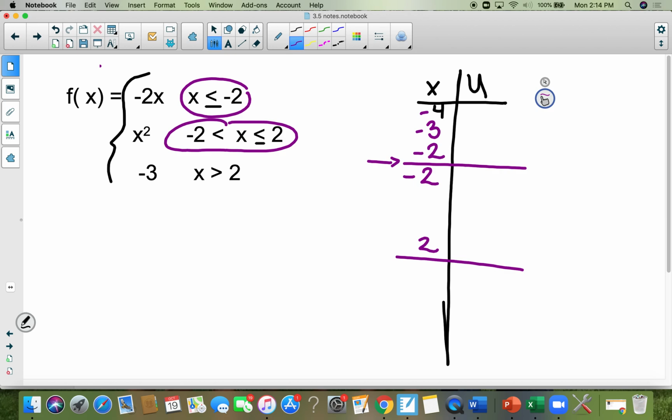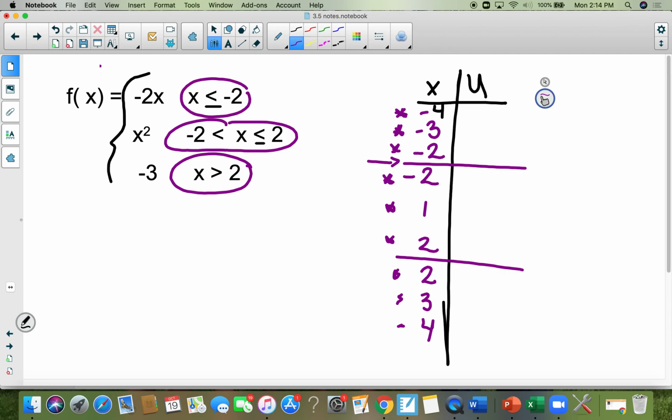I can use a 1. I could have used 0. I could have used whatever I wanted to. And in this one, I'm going to start the next one at 2 and go 3 and 4, as long as these numbers right here are in increasing order, which they are.